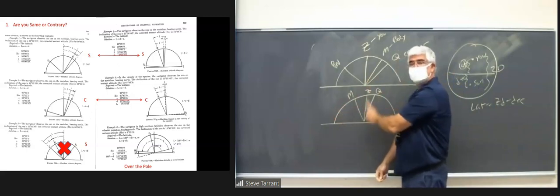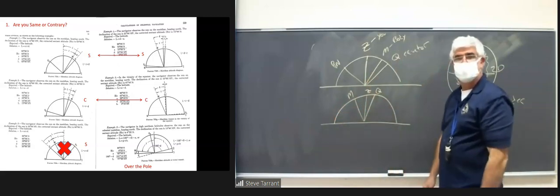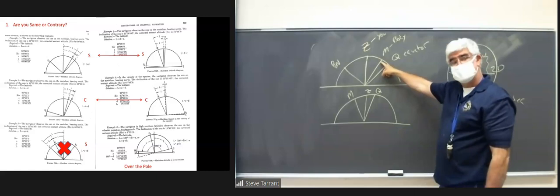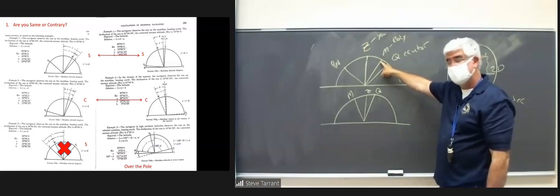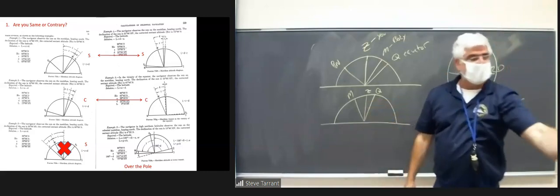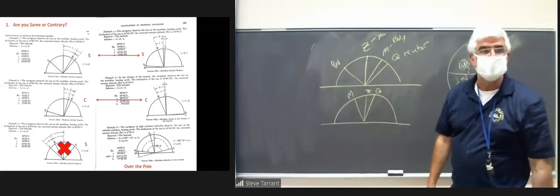What is different about these two situations? What's different? Who's closer to the equator here? Oh, the body is closer to the equator. Who's closer to the equator here? You. Oh, that's why there's two different formulas.